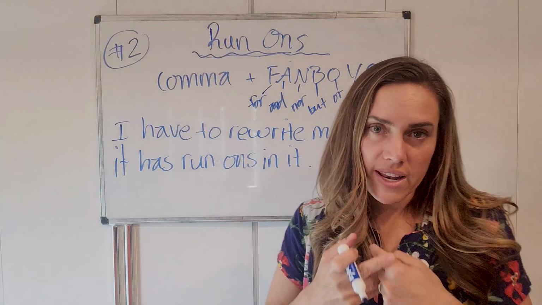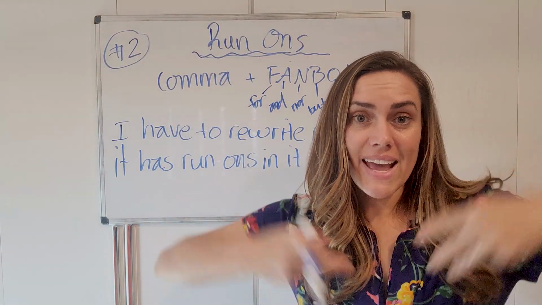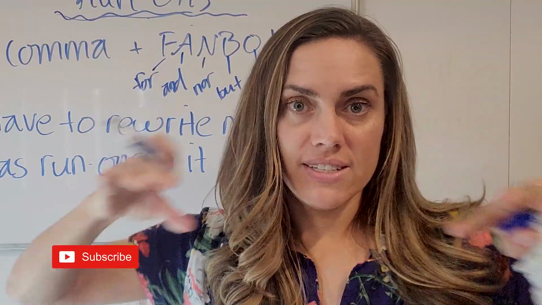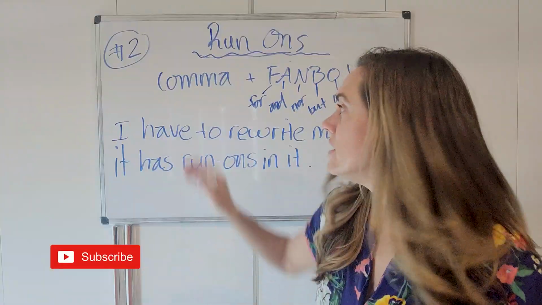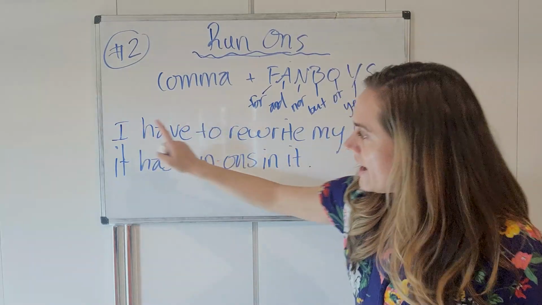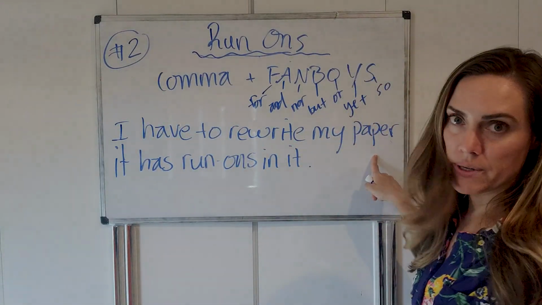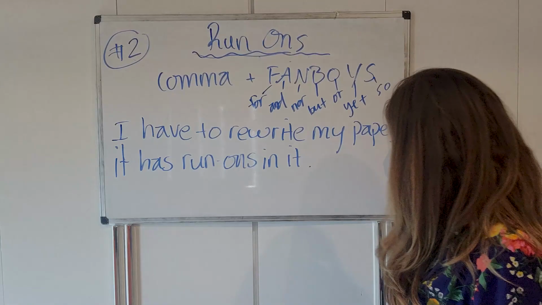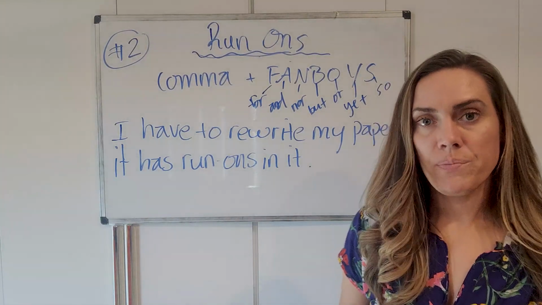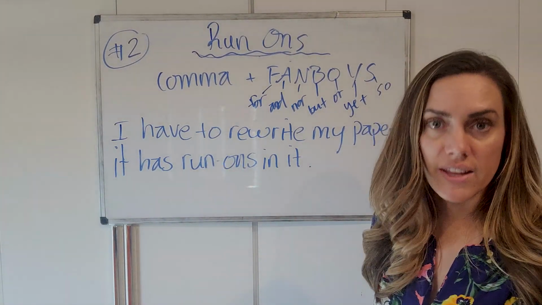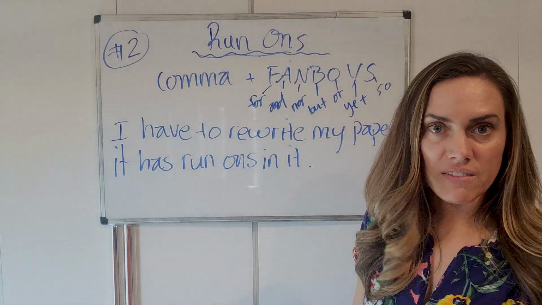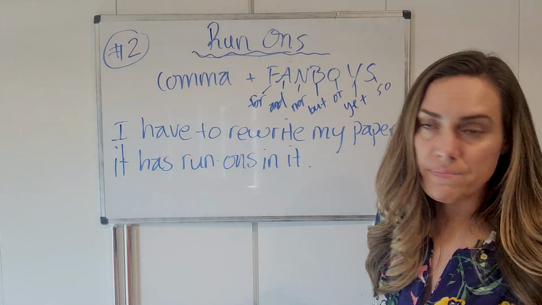These are coordinating conjunctions. They help us connect two sentences together. But don't forget, you need a comma too. I have to rewrite my paper, comma, then the fanboy. Which fanboy would work most logically here? Well, you have to understand the meaning of those words in order to choose the right one.